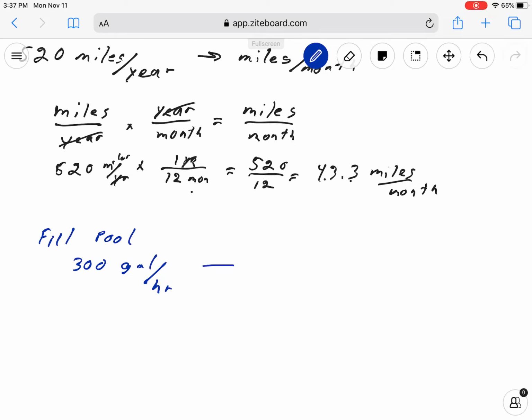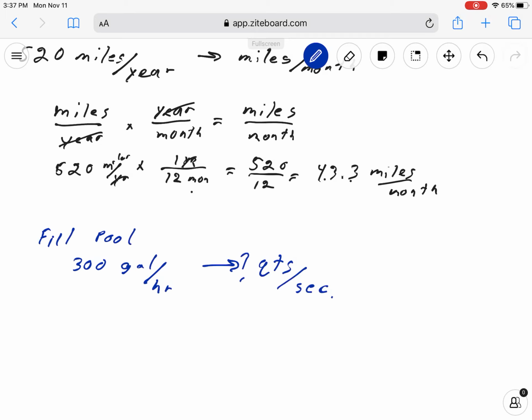And we want to find out how many quarts per second. Okay, so let's do each one at a time.